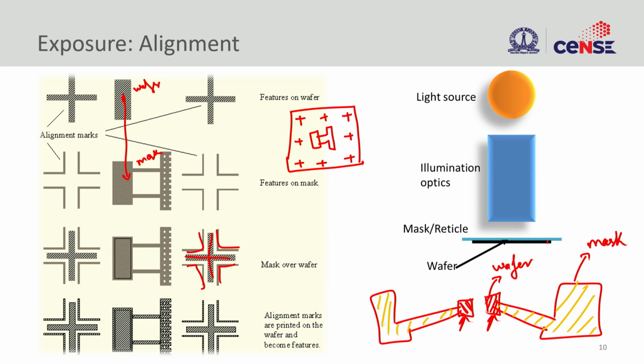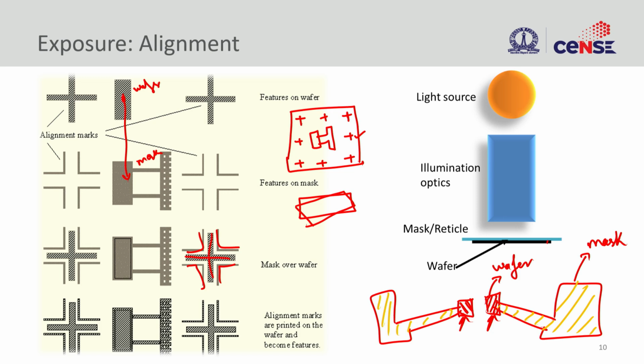These alignment markers are very important, not just to put these two structures on top of each other. It will also allow you to avoid any kind of rotation. You could have some rotational misalignment, and just the four corners may not be sufficient to take care of these alignment problems.